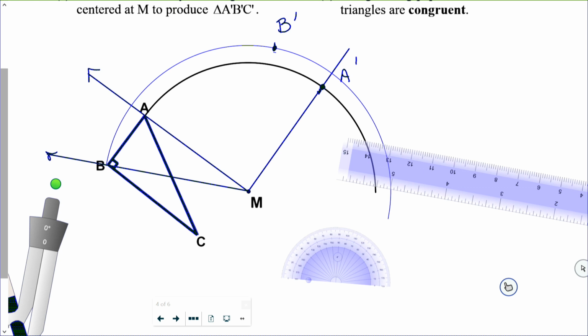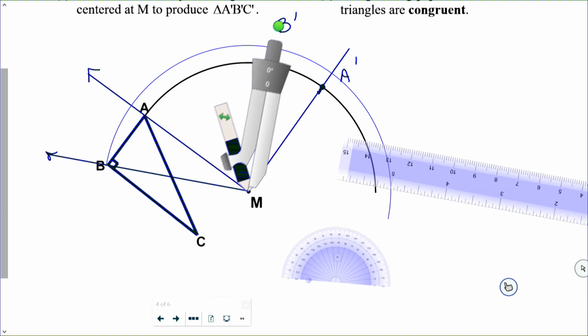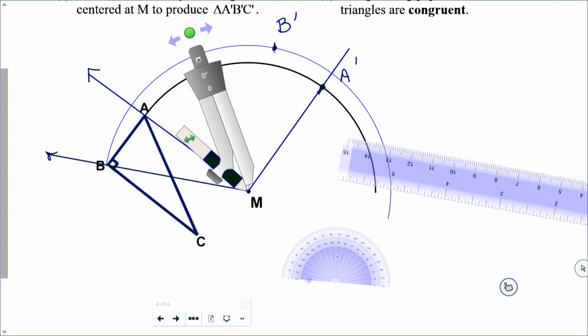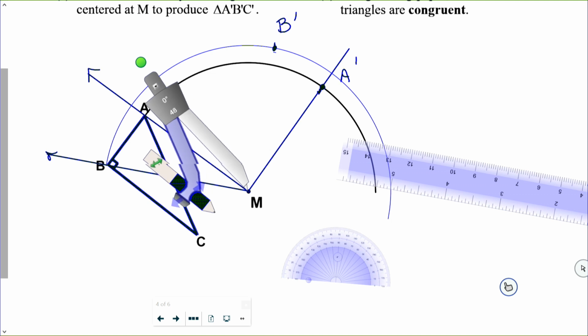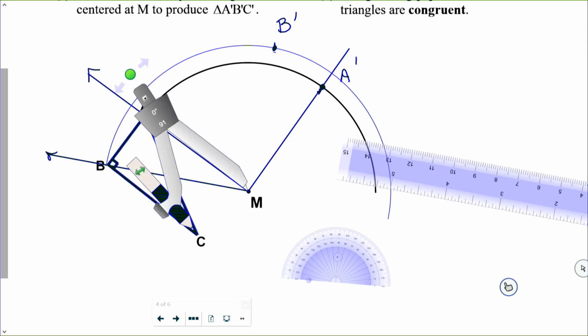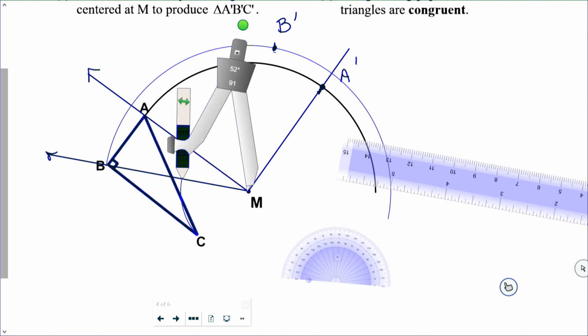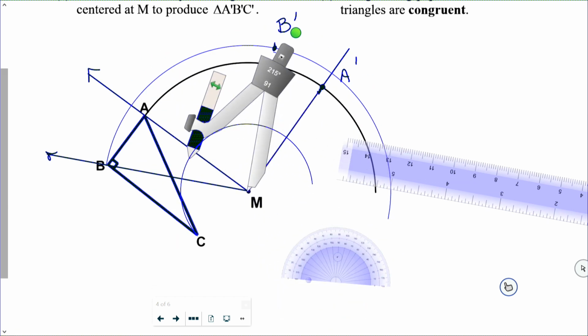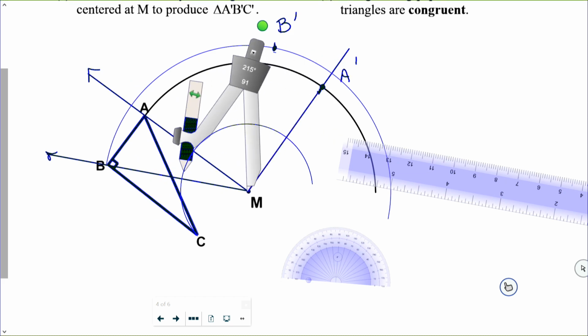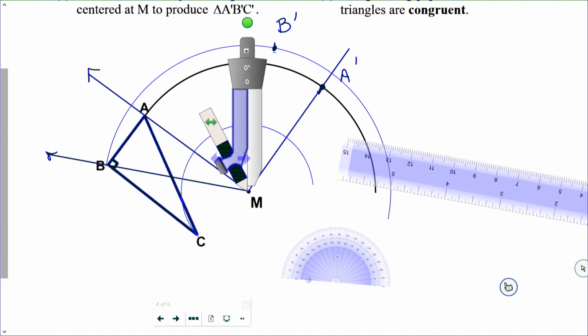Let me do one more. Let's do C'. Oh, almost. Yeah, that looks good. Here's that arc. Close that up.